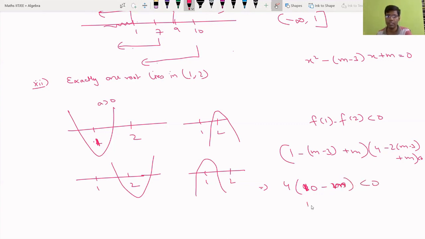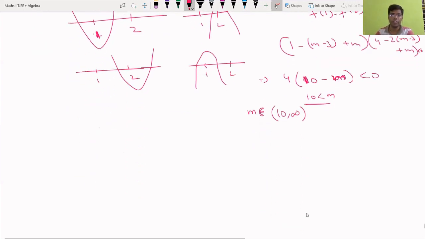So that basically means 10 is less than m. So for exactly one root to lie between 1 and 2, I should have my m belongs to 10 to infinity, open interval on both sides. Okay, so the next bit was 13.